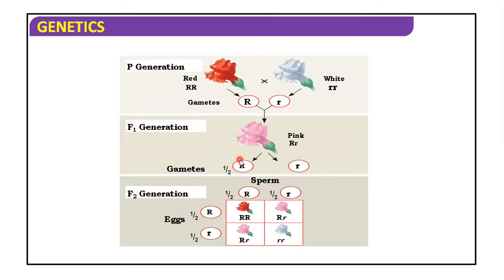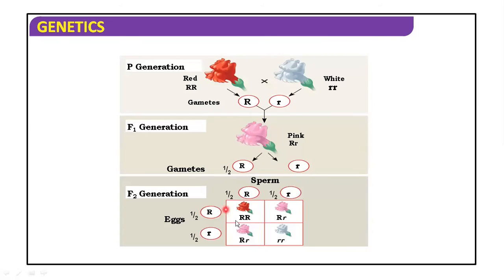Now, these are the P, the parent generation. Here the offspring we got is the F1 generation. Now what happened in the F2 generation? Here the sperm, capital R and small r, and the egg, capital R and small r, are given.